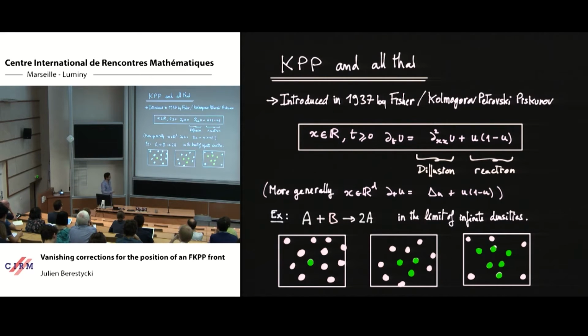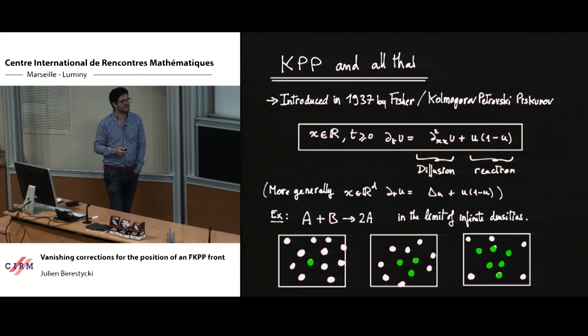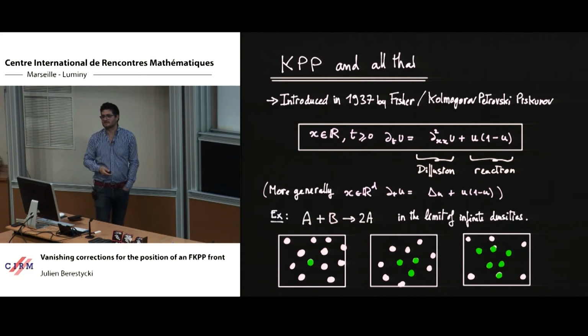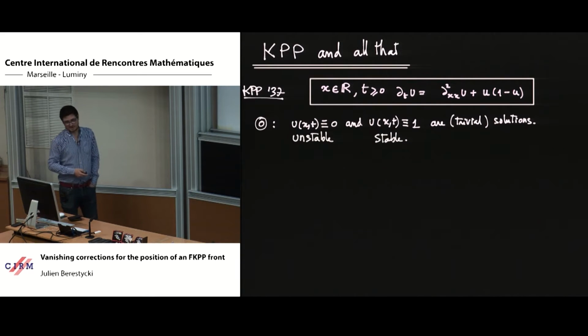In fact, those ecological and biological applications were the original motivations of Fisher and KPP. You can think of this as a mutant allele which has some fitness advantage and which is invading a population.